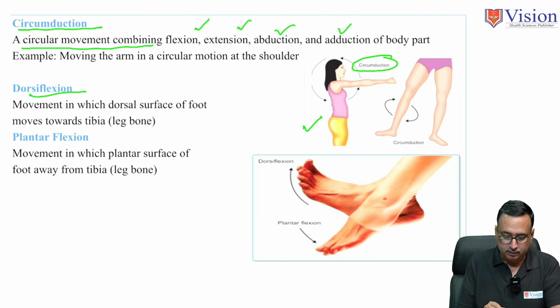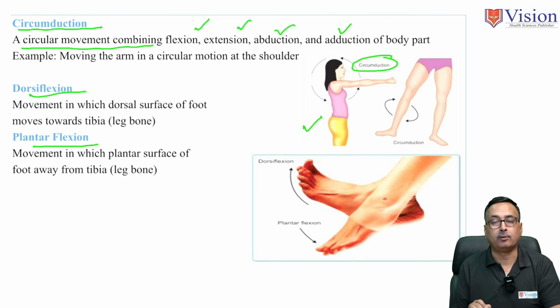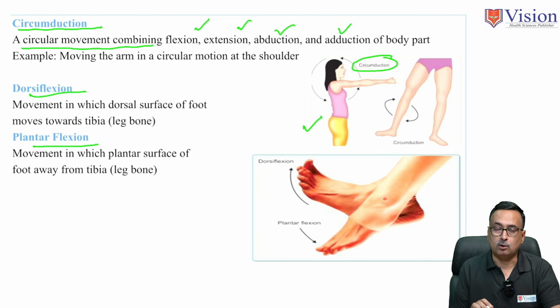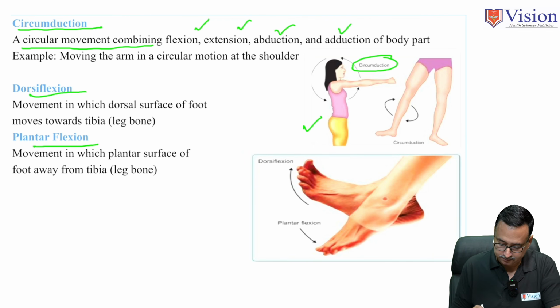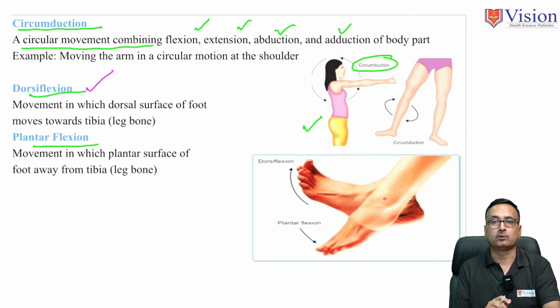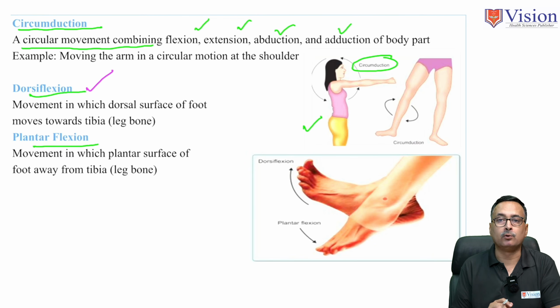So other movements are dorsiflexion and plantar flexion. Dorsiflexion and plantar flexion are movements of a foot. In dorsiflexion, the foot moves in such a way that the dorsal surface of the foot comes closer to the shin bone.